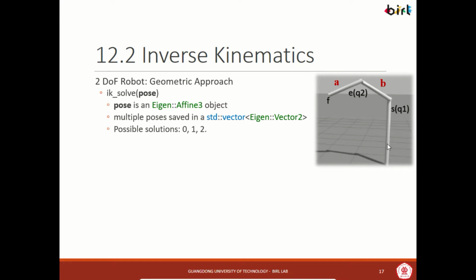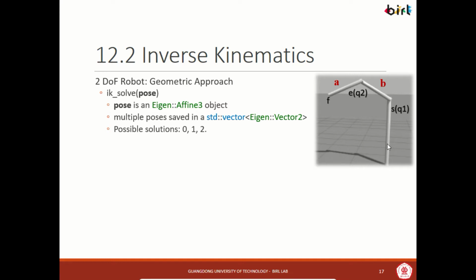So if we want to solve the inverse kinematics, what do we do? Well, here we're going to present the algorithm called IkSolve. This is a method found in the inverse kinematic library, the file that I showed you before. This method needs to take in as an input the pose, the x, y, z, and the RPY coordinate of the robot.